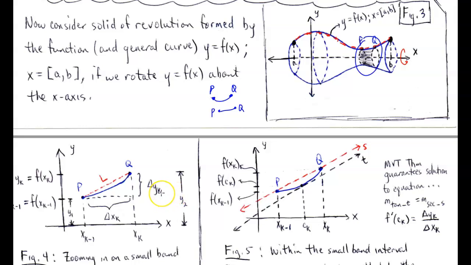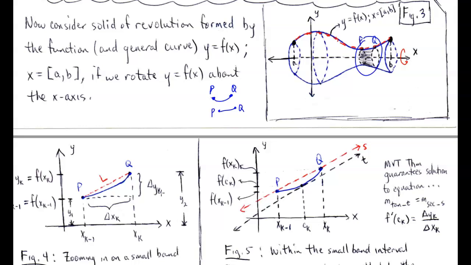Theoretically, we figure out what that would look like, find a formula for the surface area of that small band, and then say, I have an infinite amount of these small bands from x equals a to x equals b, and just add it up. In general, that's the thinking behind this surface area formula.